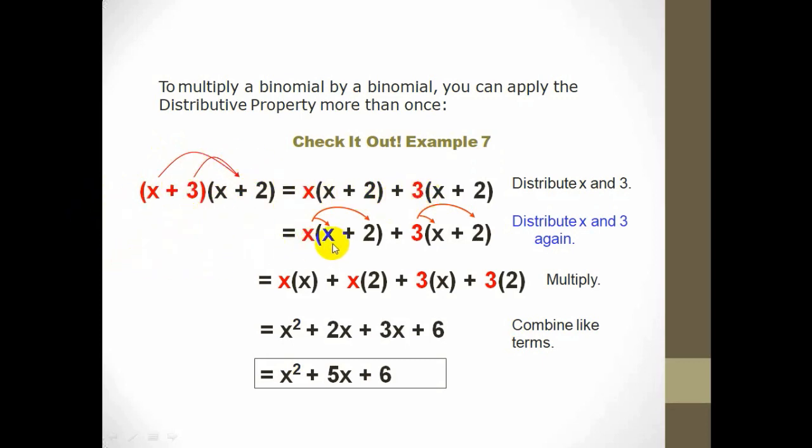So now x multiplied by x and x multiplied by 2, and 3 multiplied by x is 3x, plus 3 multiplied by 2 is 6. Combine the like terms: x square plus 5x plus 6.